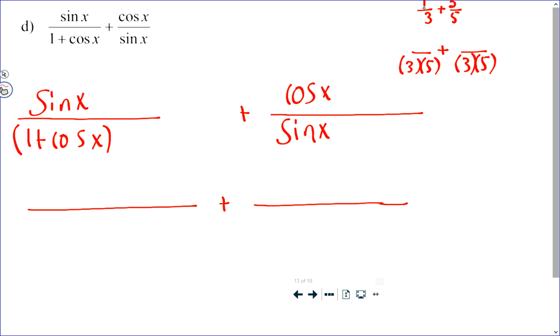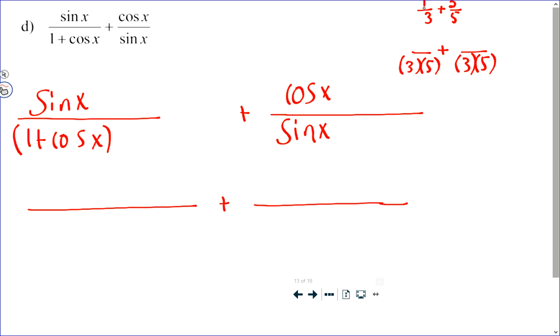I just want to make the point that if your denominators were 3 and 5, the common denominator would be the product of them. The common denominator is not always the product of the two denominators, but it will be if the two denominators have no common factors. And 3 and 5 do not share any common factors, so that's why we need to multiply them together.